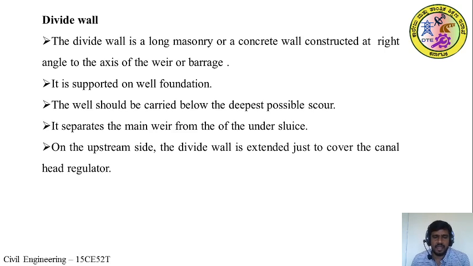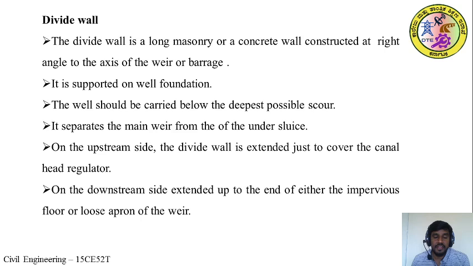On the upstream side, the divide wall is extended just to cover the canal head regulator. On the downstream side, it is extended up to the end of either the impervious floor or the launching apron of the weir.